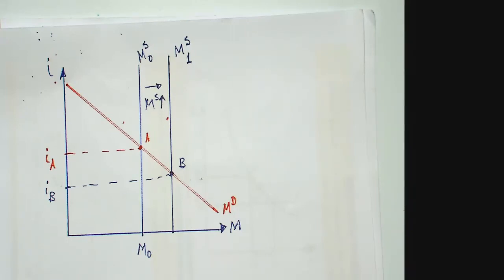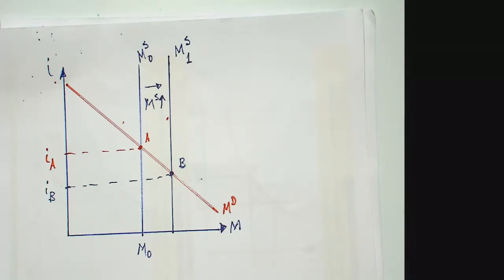Initially we said that money supply is equal to money demand, but if the central bank undertook an expansionary monetary policy, then our equality would not be valid anymore.